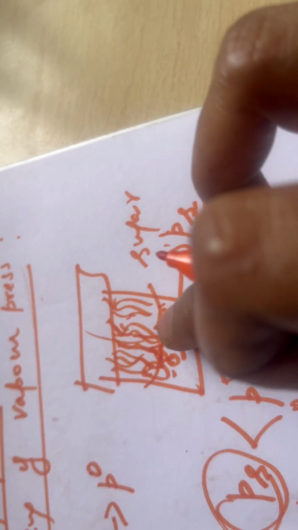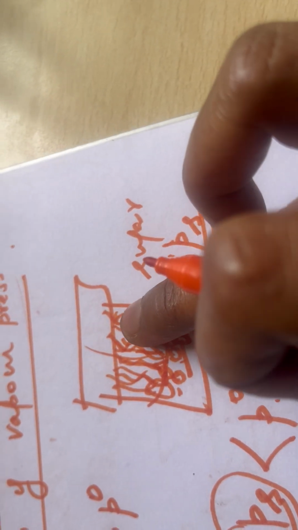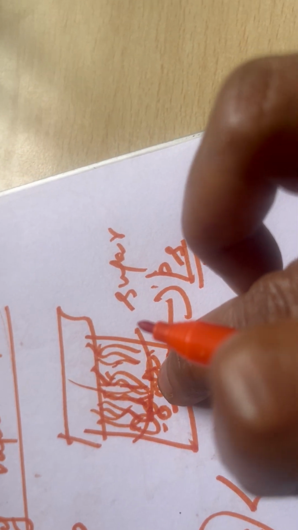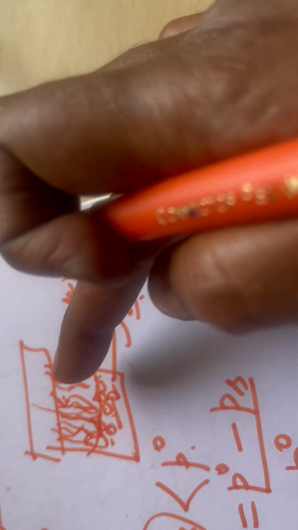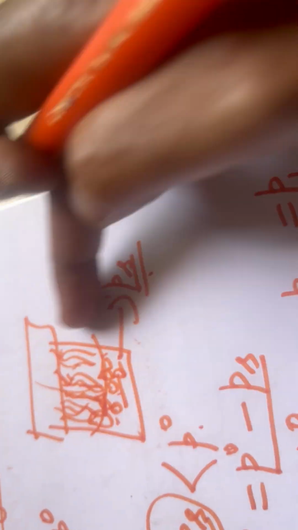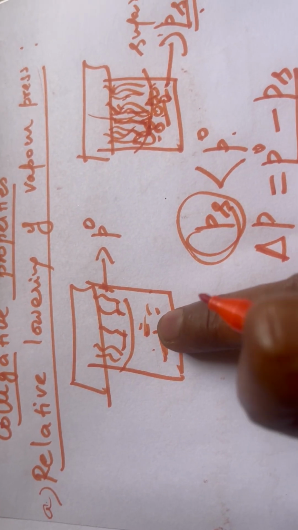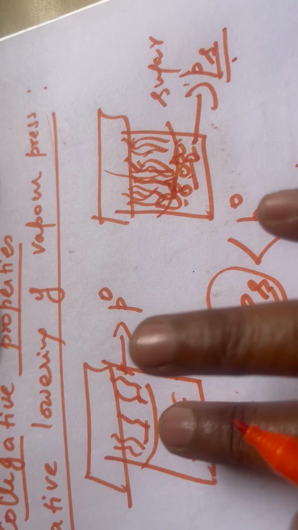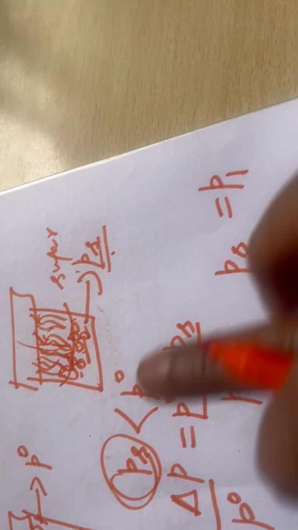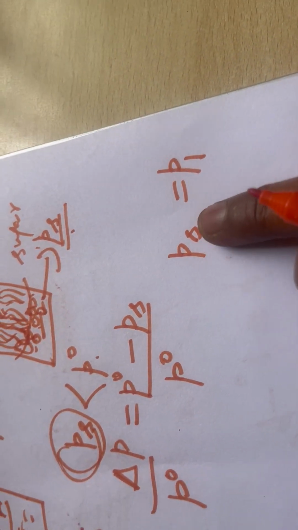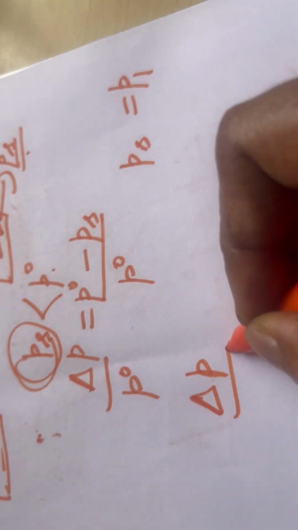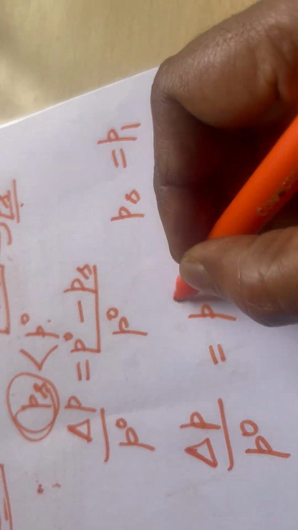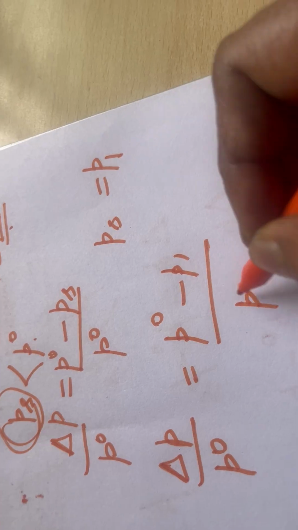So the vapor pressure is purely due to water. But P1 is the vapor pressure of solvent when it is in the solution form, whereas P0 is the vapor pressure of solvent when it is in the pure form, single component. So the difference is there, and PS is replaced by P1. So we write delta P by P0 is equal to P0 minus P1 by P0.